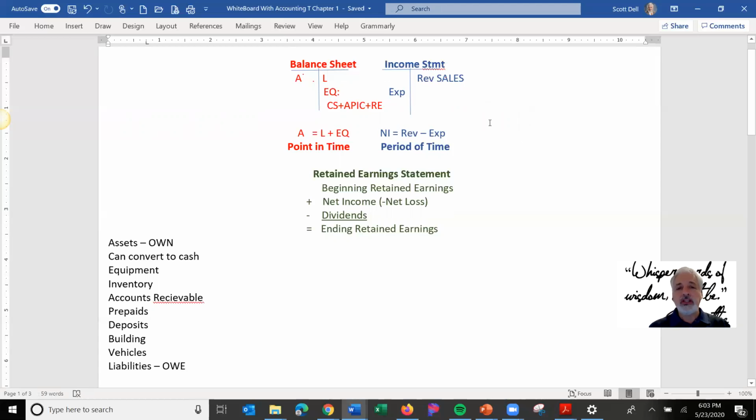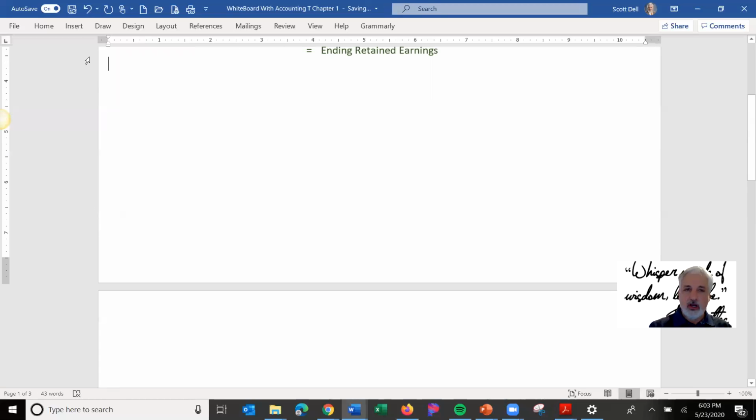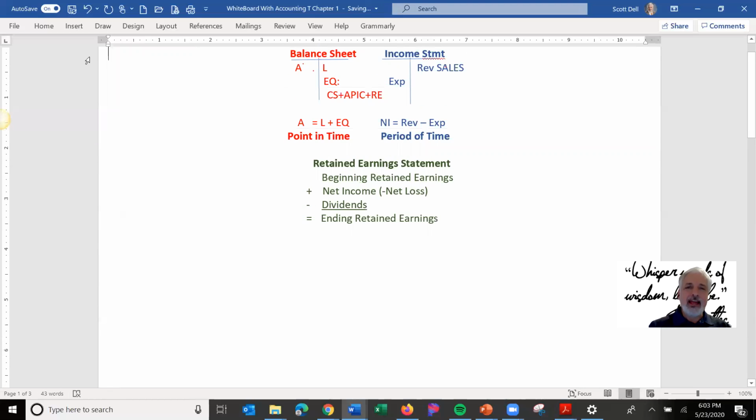Now, I mentioned this point in time and period of time stuff is kind of important. So let's talk about that now. I'm going to go ahead and zap this right here. I asked you, what is my rent expense for 12/31? I'm going to ask you what my sales, these are all income statement items, were for 12/31, December 31st.